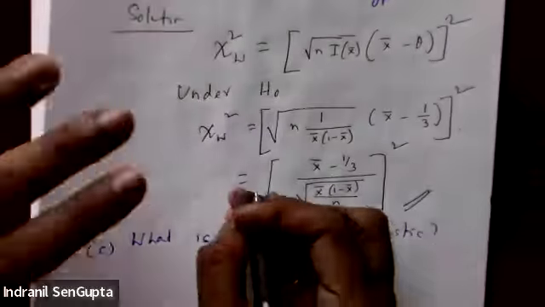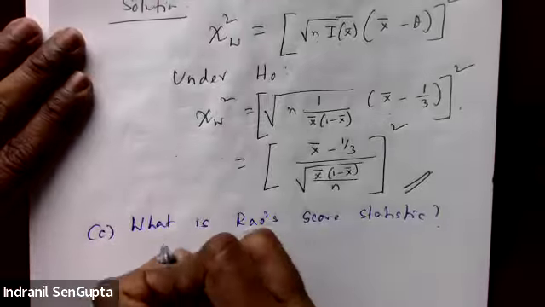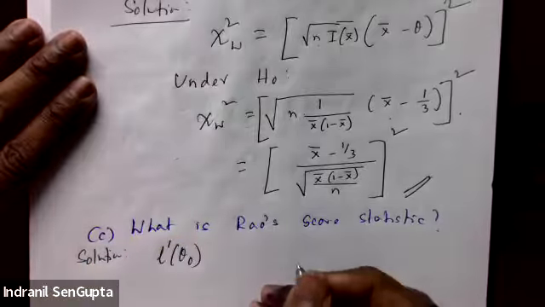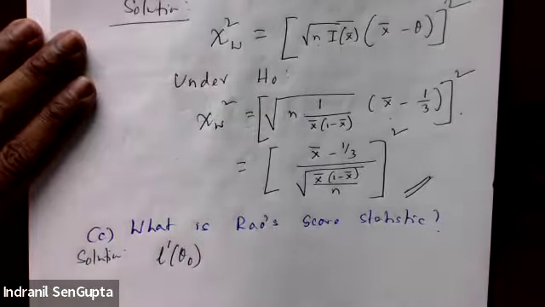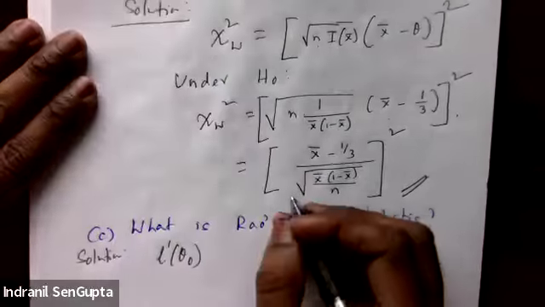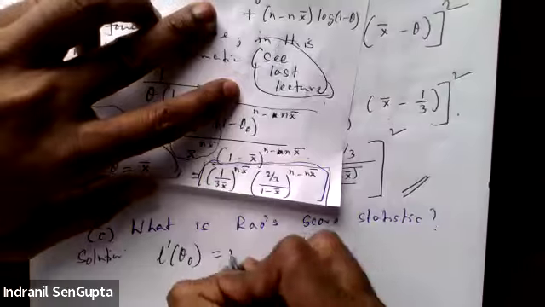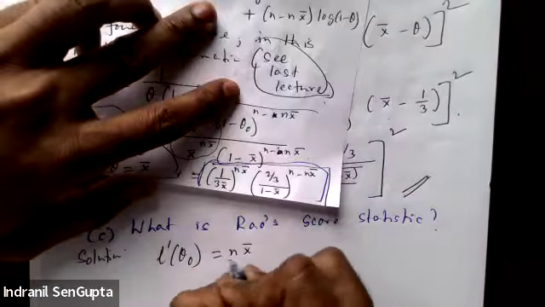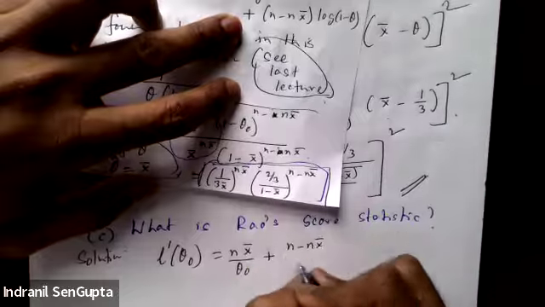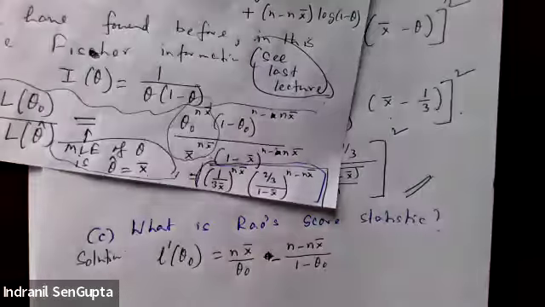So let's see. L prime of theta 0, so here's the solution. Basically, if I differentiate that with respect to theta 0, it's n x bar over theta 0 plus n minus n x bar, with a minus over 1 minus theta 0. So that is the quantity.